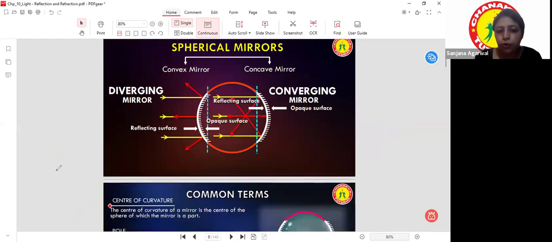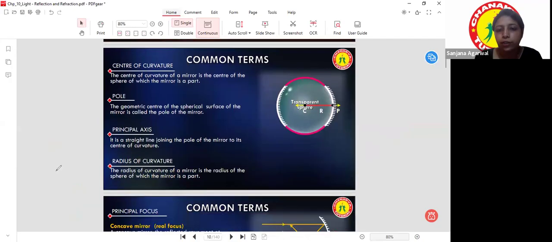Now here come a few common terms that we use in case of spherical mirror. The first one is the center of curvature. Children, like every circle or every sphere has a center, these mirrors also have a center point because they are a part of a sphere only. Like we have a ball and we have carved out this much surface.